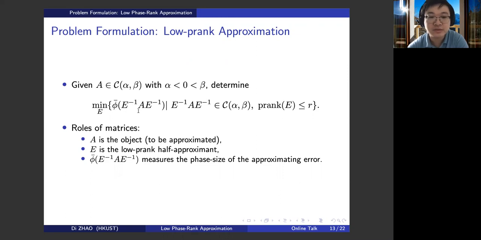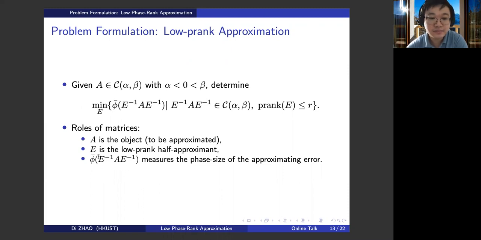We use E to divide A from both sides. In this case, E only contains half of the information of A; in the ideal case, if we allow E to be full phase rank, then it can contain at most the square root of this matrix A. So we call it a half approximant.